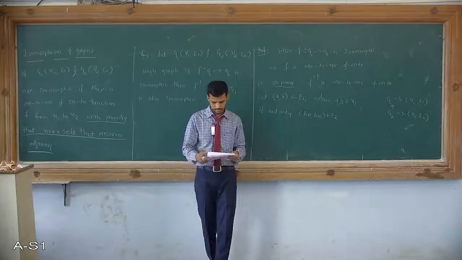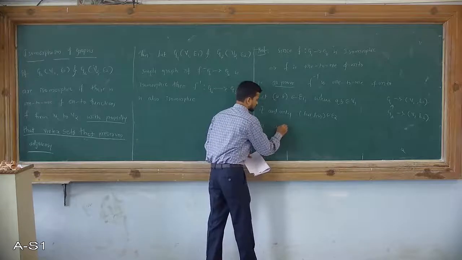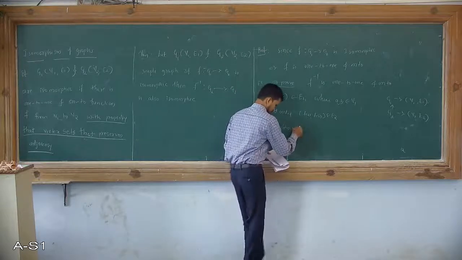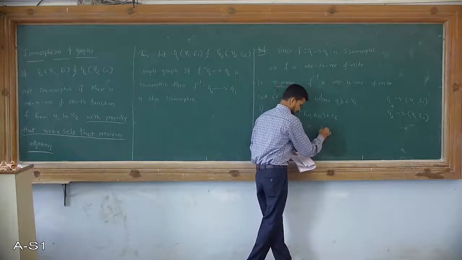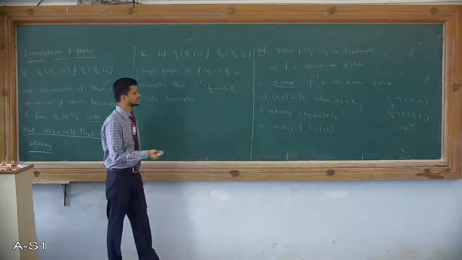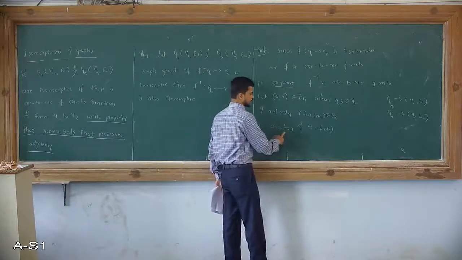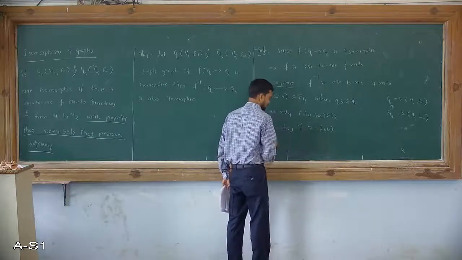So therefore, let A equal F(A) and B equal F(B). But when A equals F(A), A and F(A) are not the same, and B and F(B) are not the same.